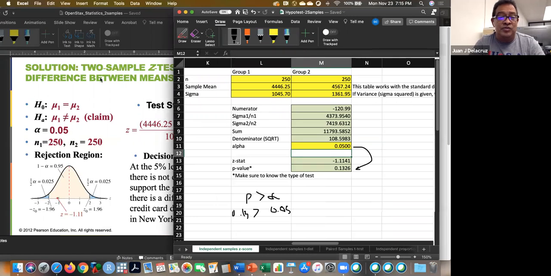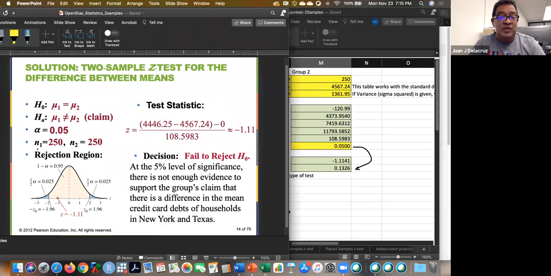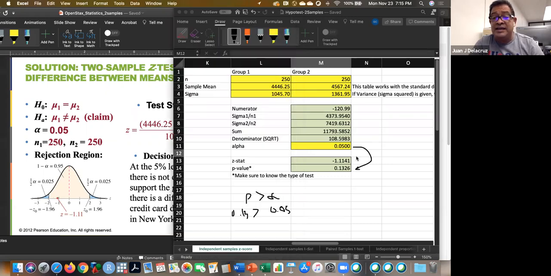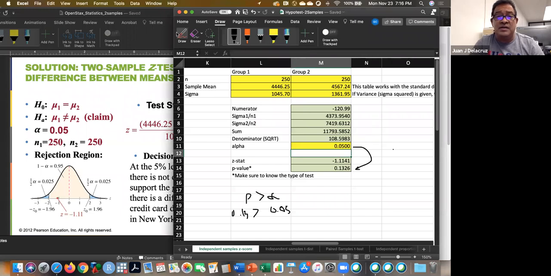I forgot to do it, but we have to state the hypothesis and identify the values. We computed this, so we have 1.14, and we determined, based on the critical values, that we found the Z-score here. So let me do this.